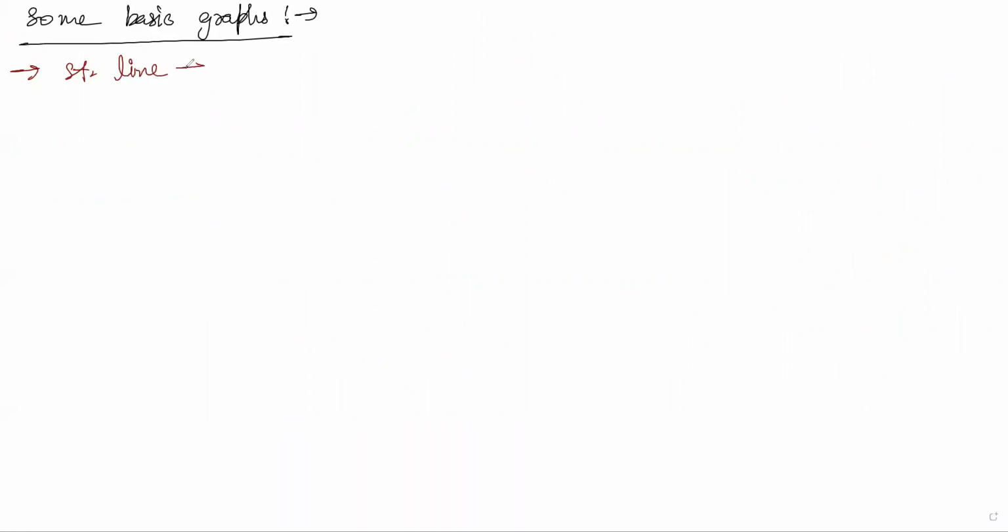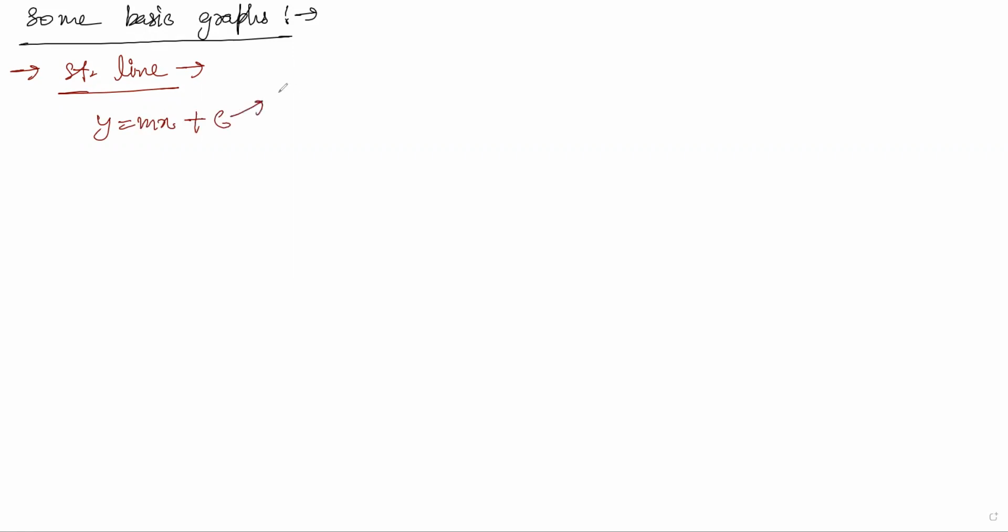Okay, so before solving, let's discuss some basic graphs. You need to know these graphs. First is the straight line. A straight line is generally defined as y is equal to mx plus c.